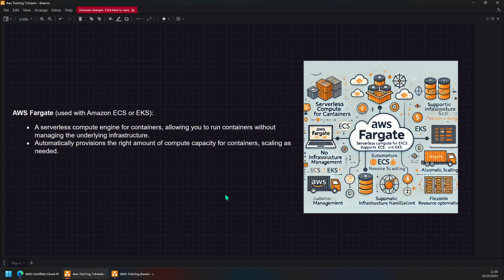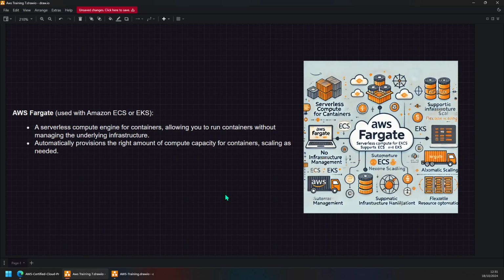It will automatically provision the right amount of compute capability for containers, scaling as they need. That's something Fargate will take care of. I don't really have to look at scaling up or do that manually.